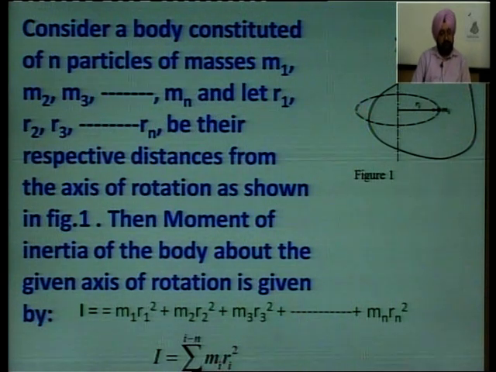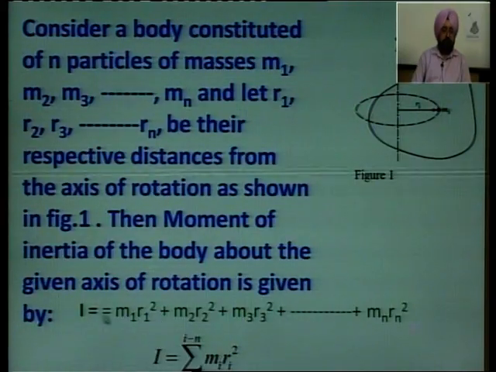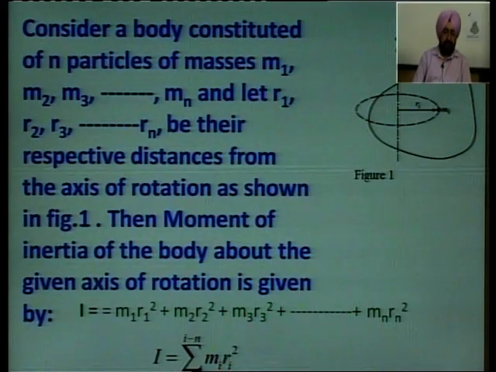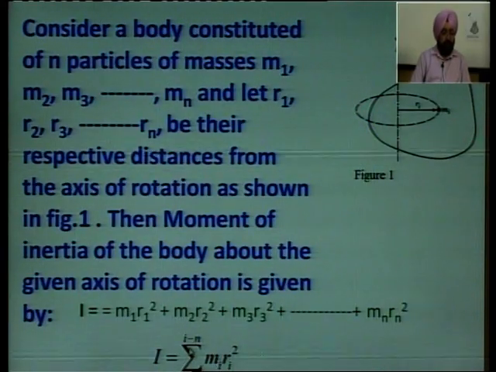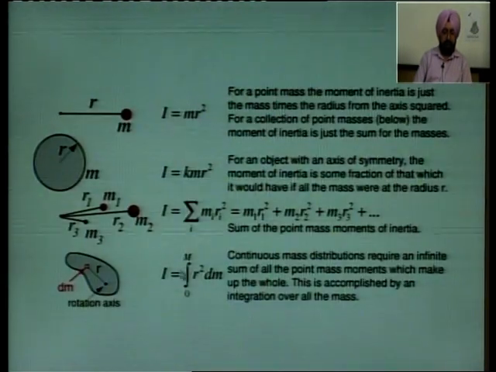So, how do we define moment of inertia? It is the sum of masses multiplied by the squares of their position vectors from the axis of rotation. So, this means you can write it as summation mi ri square, i from 1 to n. This is what is called moment of inertia.